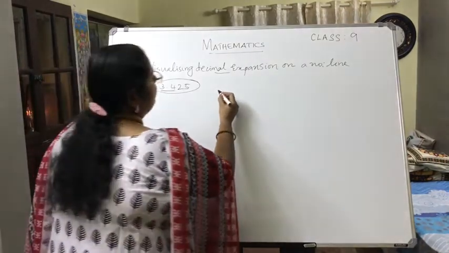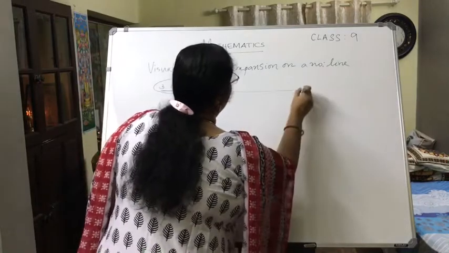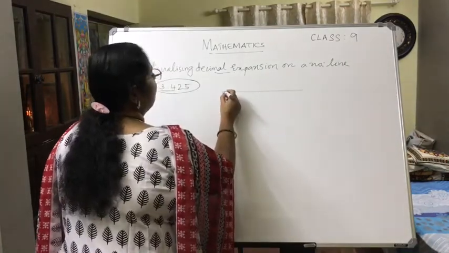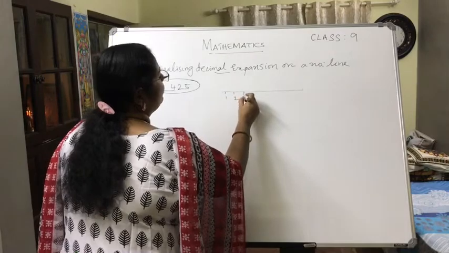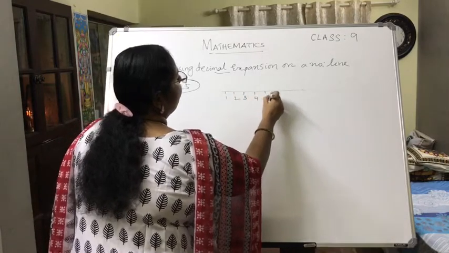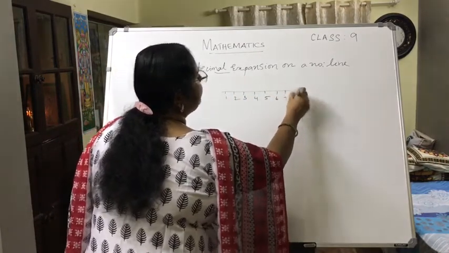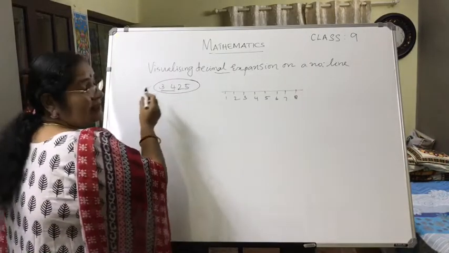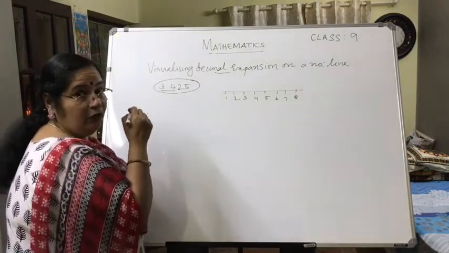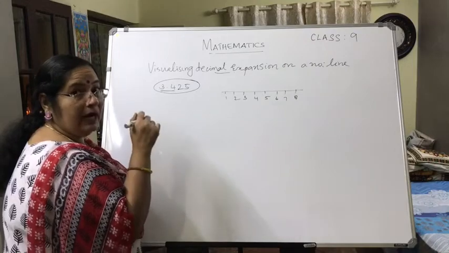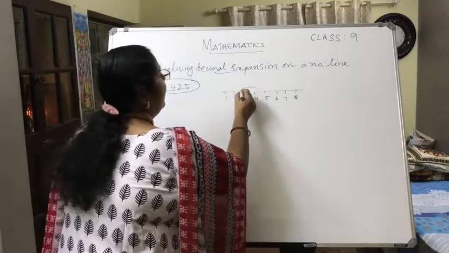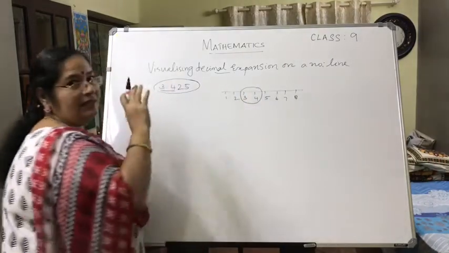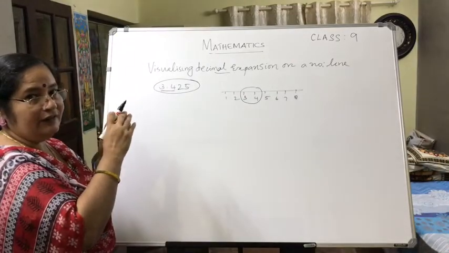Take a number line, say 1, 2, 3, 4, 5, 6, 7, like that. Now what is our first consideration? 3.4 will come between 3 and 4. So this is our consideration in the first number line.